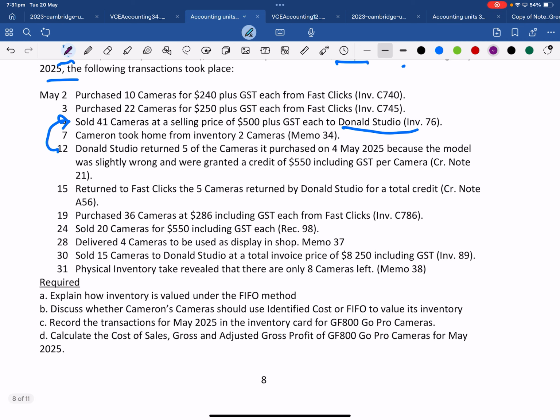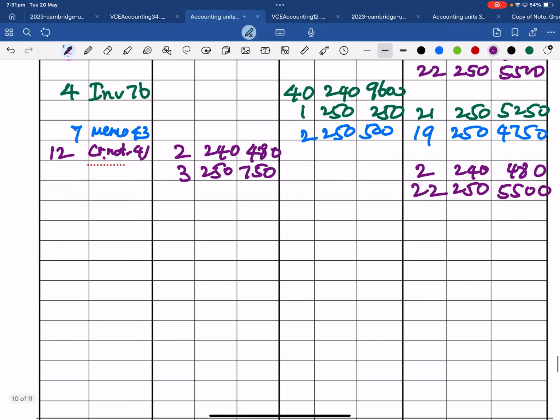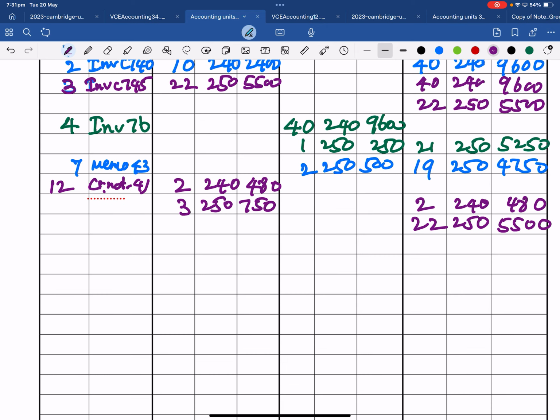15th. Return to Fast Clicks, the 5 cameras returned by Donald Studio for a total credit. Credit note A56. Now what do we do? We are returning back to our supplier what we got returned from our customer, which is on the 15th.